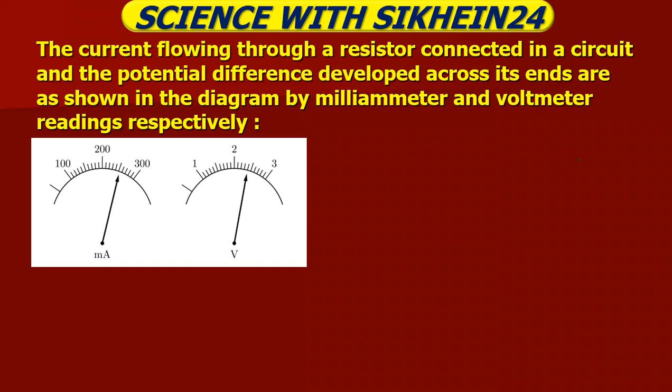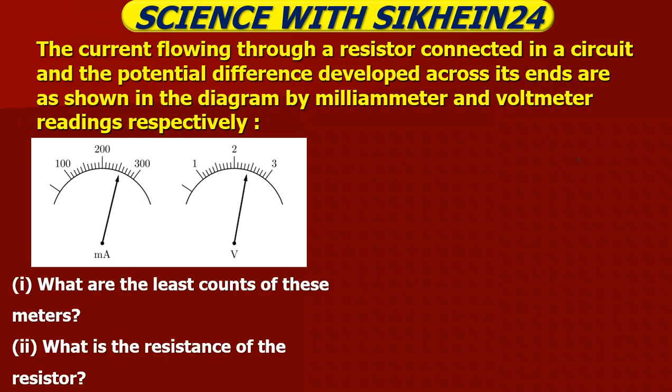So what are the questions with respect to this? What is the least count of these meters? What is the resistance of the resistor? I think you can find it.